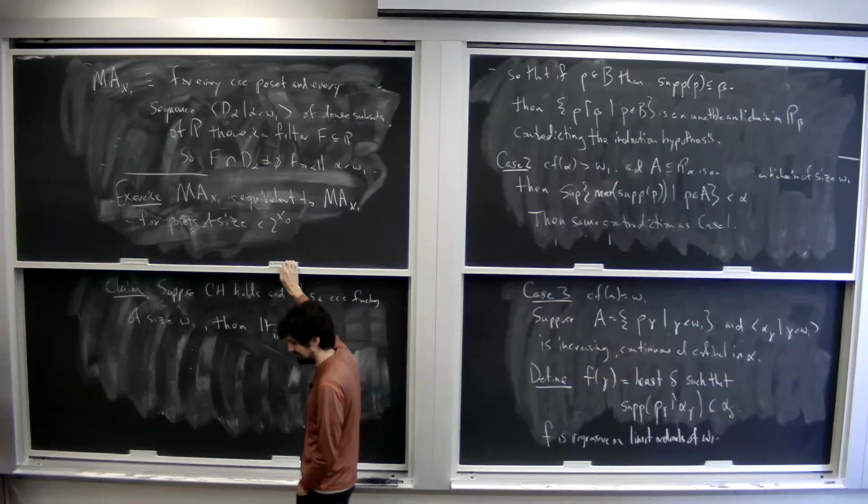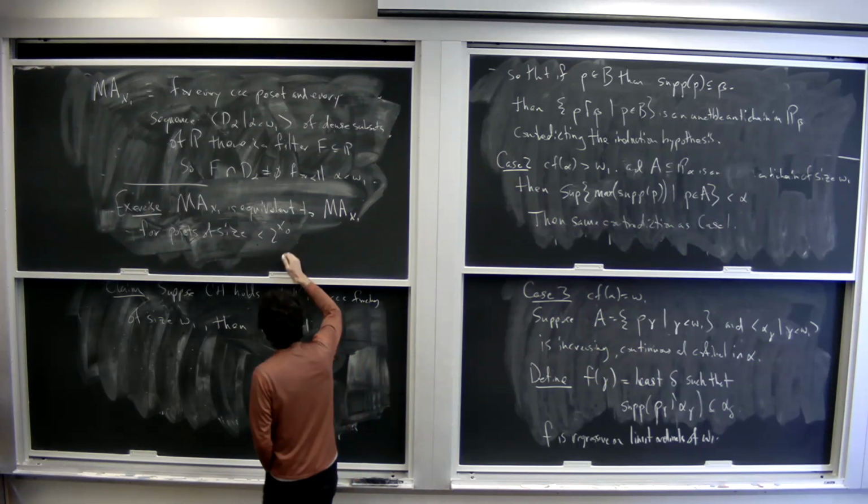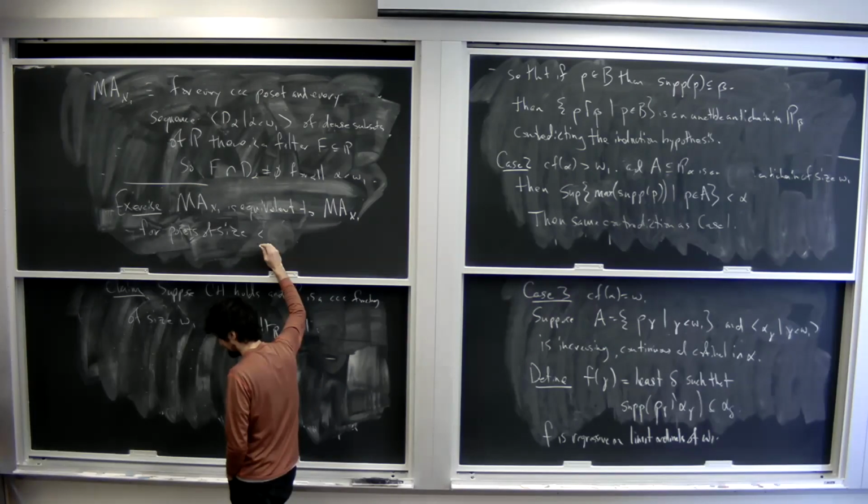Then CH would imply that you've got MA kappa just for countable posets, which you have anyway. So what I was expecting was less than or equal kappa. Strictly less than kappa, I think, is what you really want. But it doesn't make much difference because any bound will do.